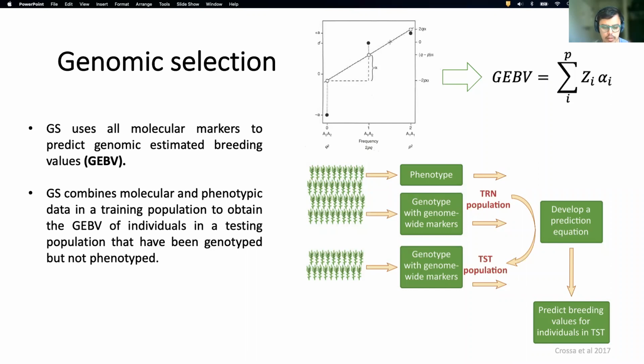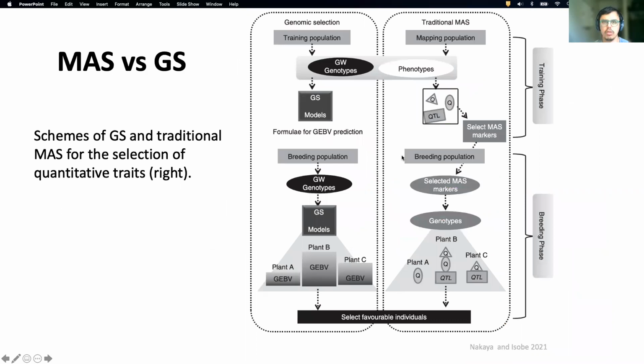Cyprian asks about the difference between genomic selection and marker-assisted selection. In marker-assisted selection, basically you use just... here, I have the graphic. So this graphic is perfect to explain that. In traditional marker-assisted selection, you need the same information at the beginning.